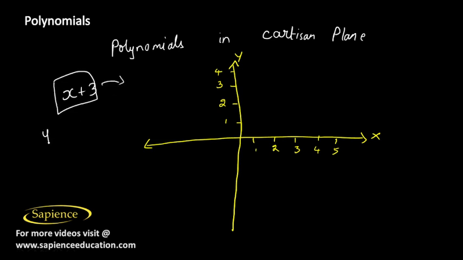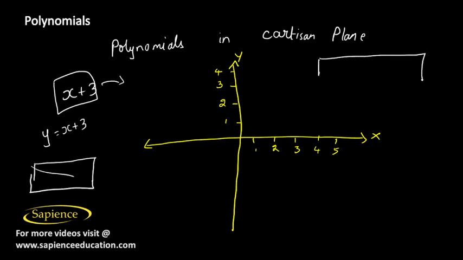Now how can we represent this polynomial in this graph? So let us consider y is equal to x plus 3. Now we can make this tiny little box. So here we can write down the values of x and corresponding values of y. So y is equal to x plus 3.